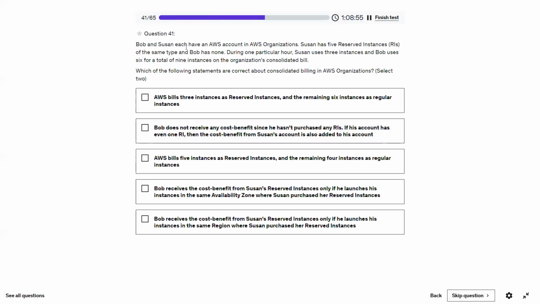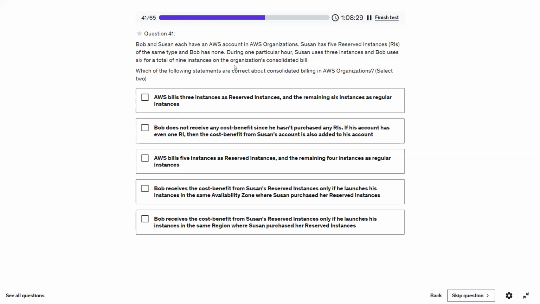Bob and Susan each have an AWS account in the AWS organization. Susan has 5 reserved instances of the same type and Bob has none. During one particular hour, Susan used 3, so 2 are still left. Bob uses 6, for a total of 9 instances in the organization's consolidated view.